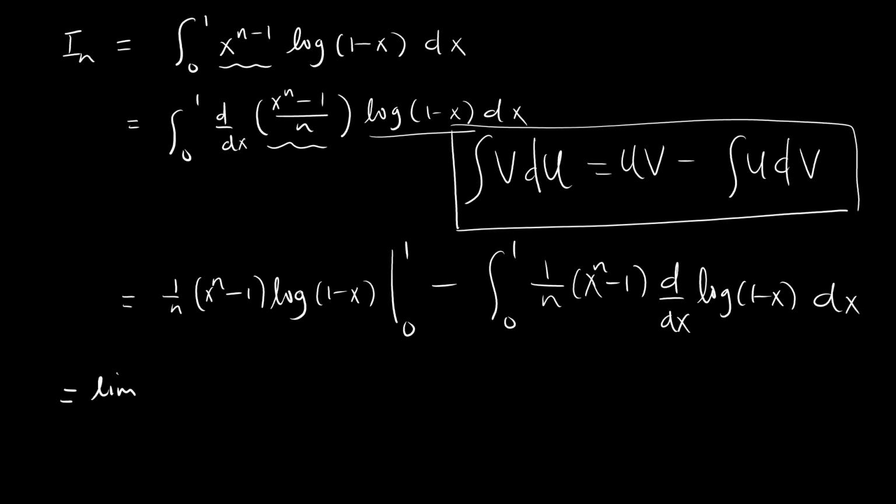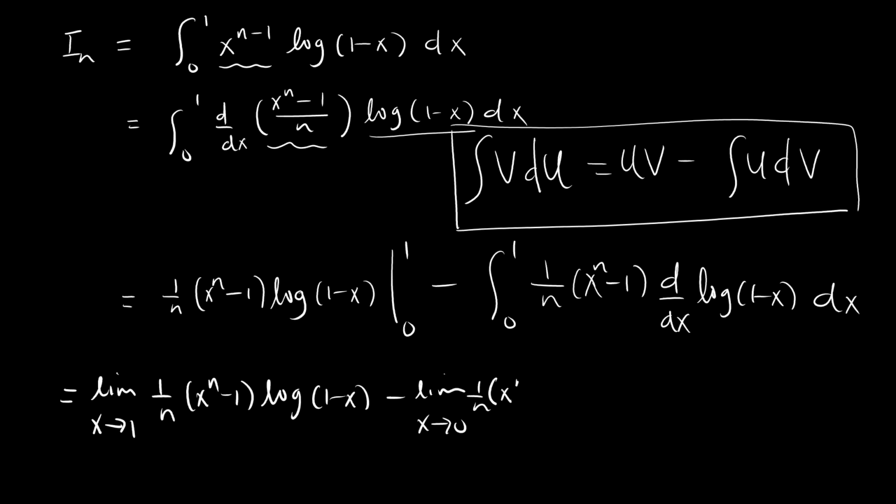We have the limit as x tends to 1 of 1 over n x to the n minus 1 natural logarithm of 1 minus x, minus the limit as x tends to 0 of 1 over n x to the n minus 1 natural logarithm of 1 minus x, and then minus, we can pull this constant out, so we have 1 over n, integral from 0 to 1 of x to the n minus 1.